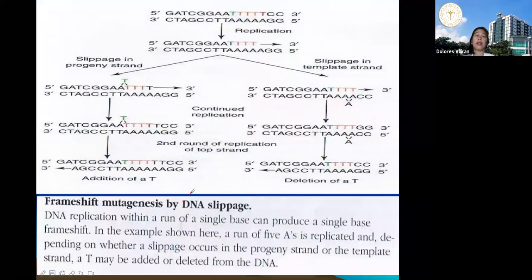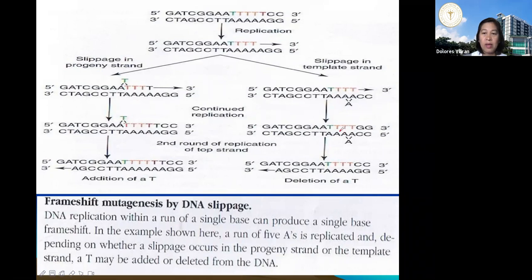And then another concept, you have the frameshift mutagenesis by DNA slippage. Okay? So during replication, because of the slippage, either you add, so this is 1, 2, 3, 4, 1, 2, 3, 4, 5, you add another thymine here, or you delete here, 1, 2, 3, 4.